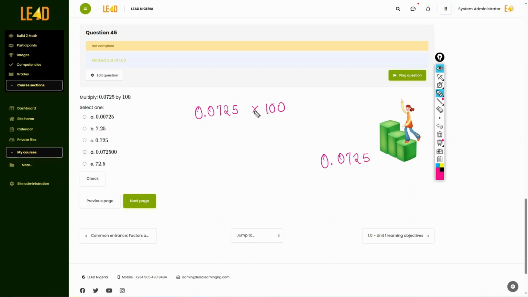Because I'm multiplying by a power of 10, that means the decimal point will have to move to the right, and it's going to move 2 steps because I have 2 zeros here. So let's move the decimal point. 1, 2. So I end up with 7.25. That's option B.